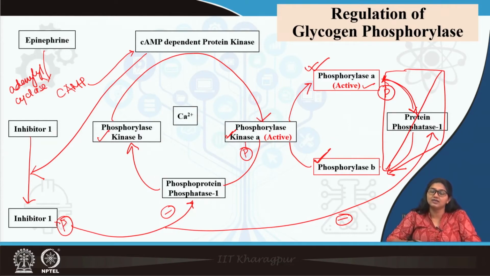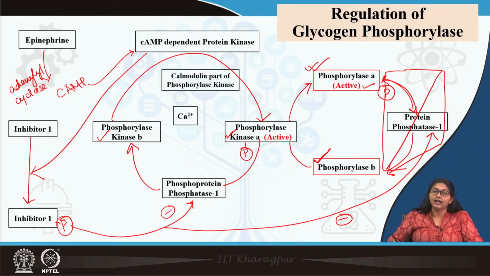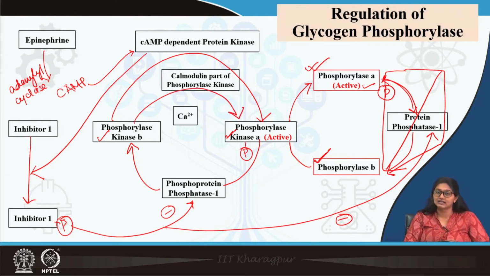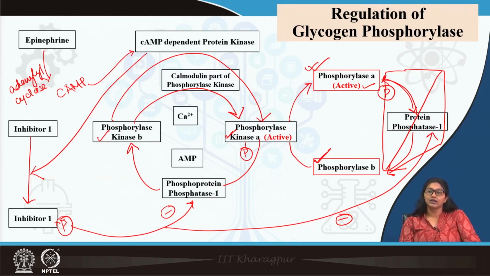Calcium activates the calmodulin part of phosphorylase kinase, which has a domain similar to calmodulin that is induced by calcium. So, calcium also helps to form the activated form of the kinase. Similarly, another allosteric activator is AMP.